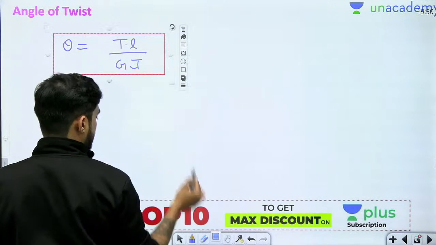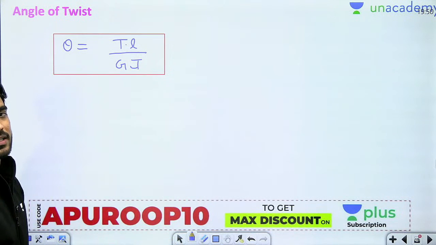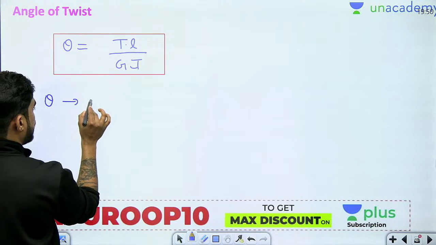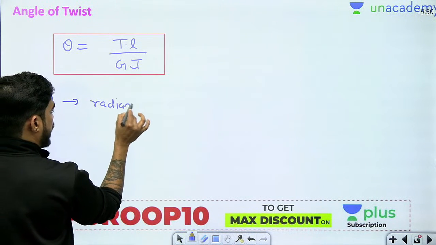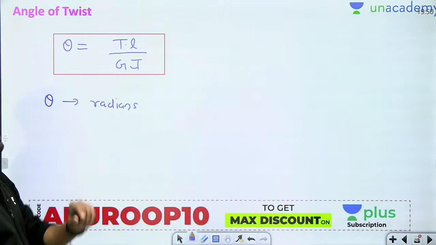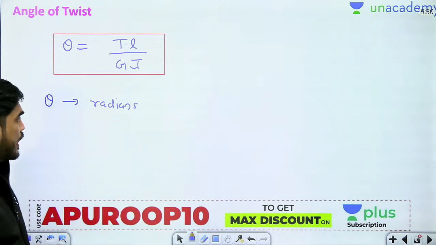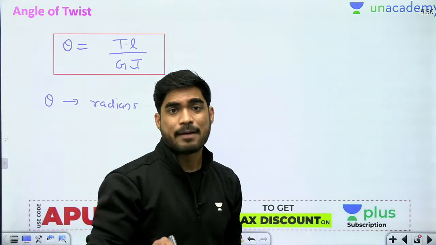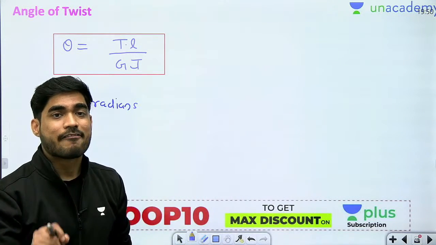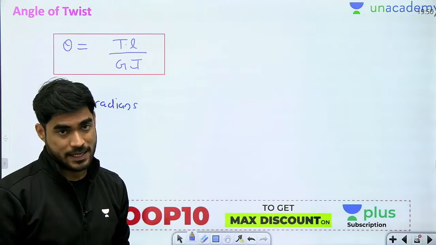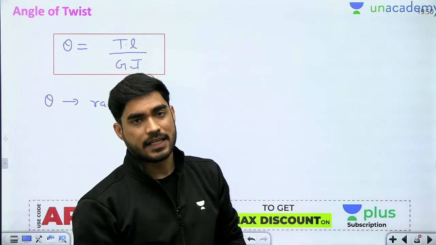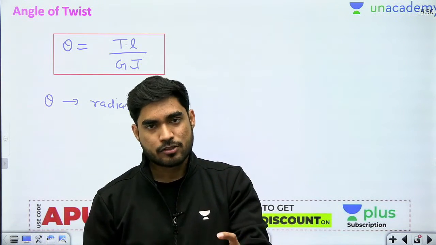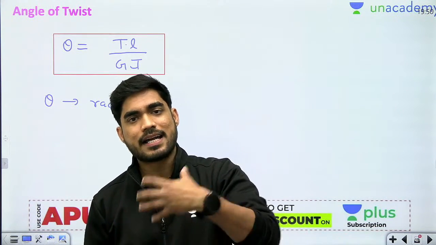Okay, now in this equation one thing is very important, and that is theta here is in radians. Theta that we get is in radians. Okay, and we need to convert theta into degrees by multiplying by 180 by pi, because usually in questions they ask you to calculate theta in degrees. So my friend, you have to convert radians into degrees.